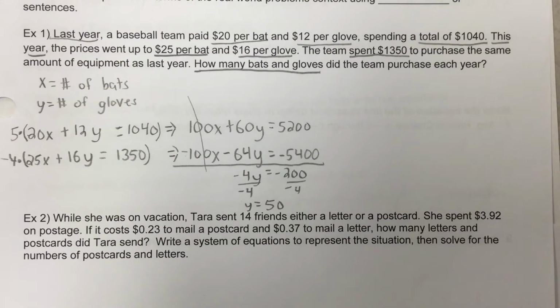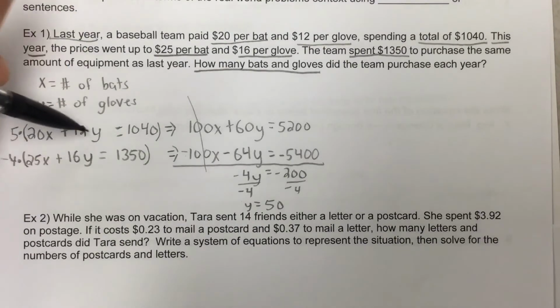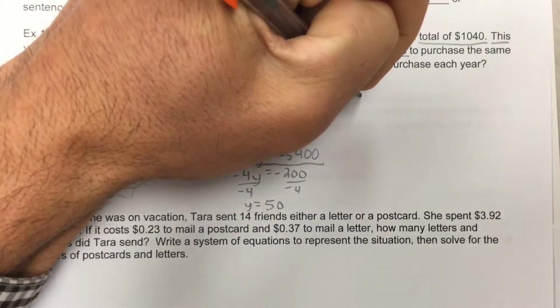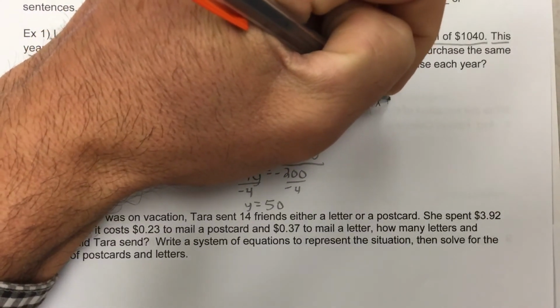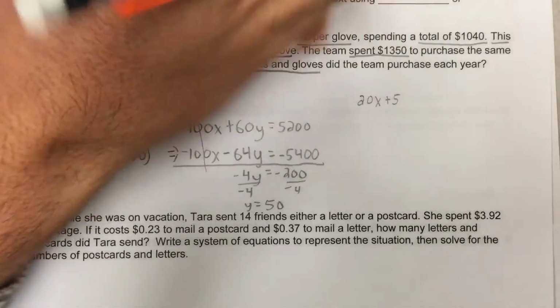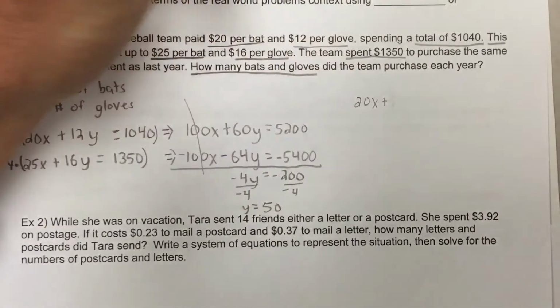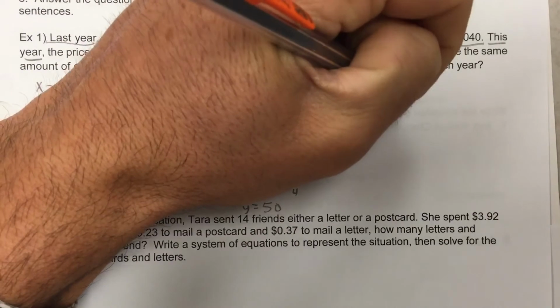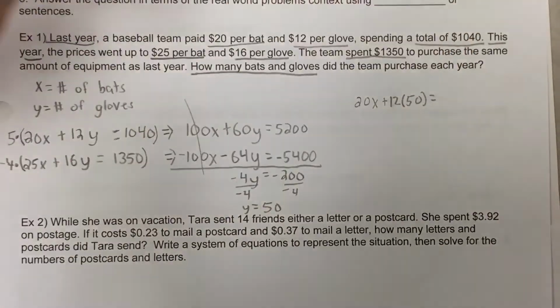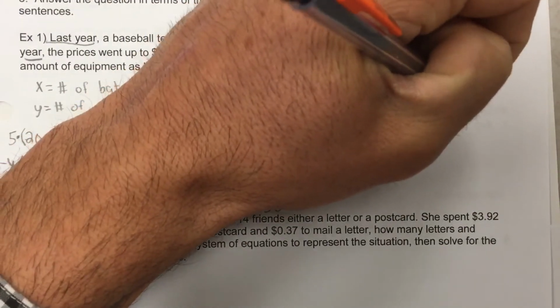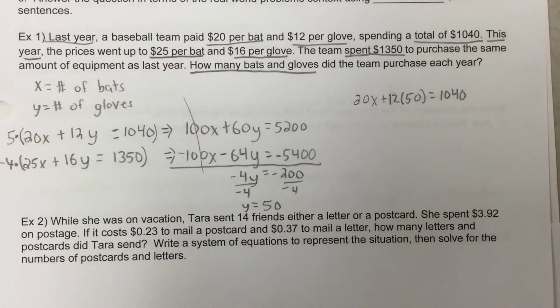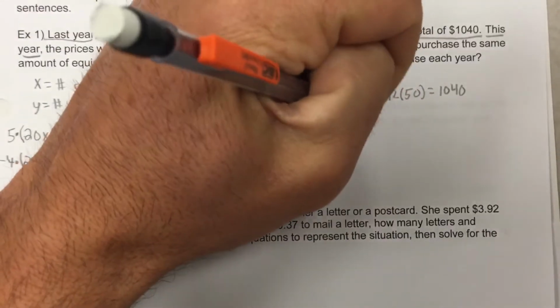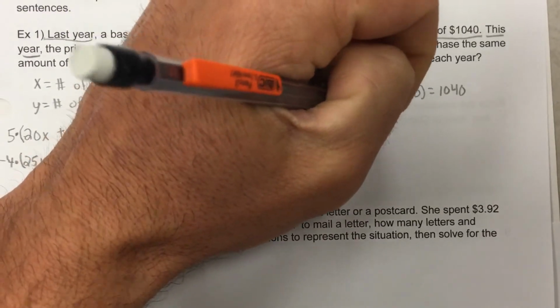We still need to know the number of bats, though. So once we know that, I can plug the 50 in for y in either equation. I'll plug it in the top equation, 20x plus 12 times 50 equals 1,040. I'm going to multiply the 12 times 50 and get 600.